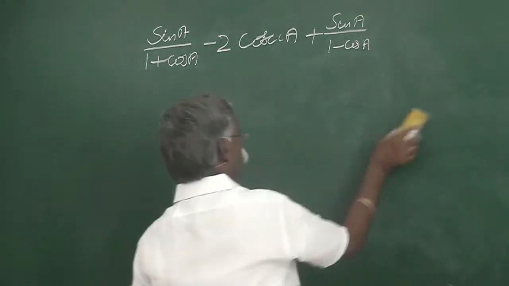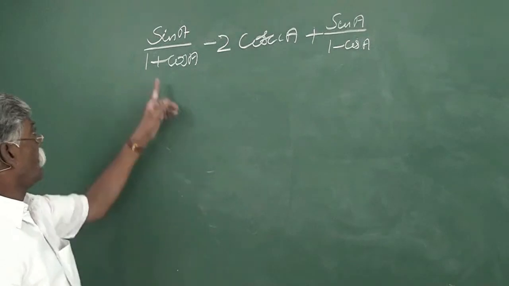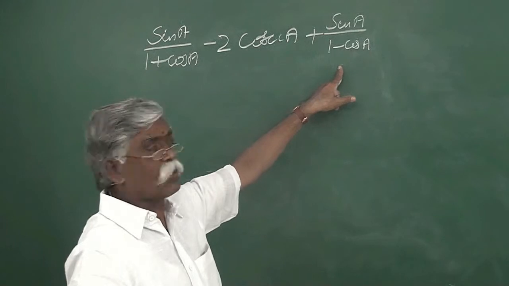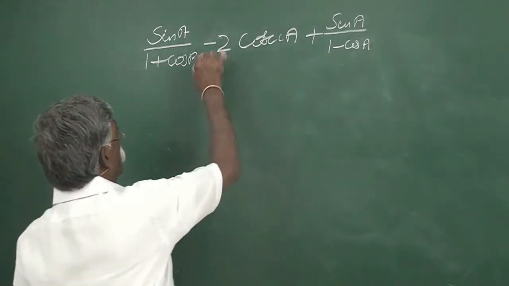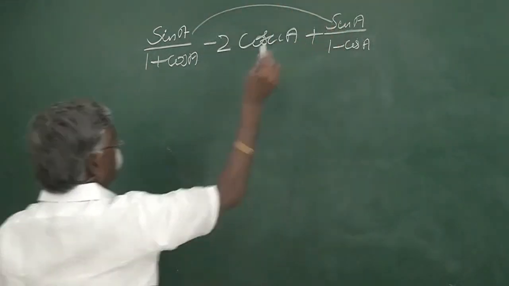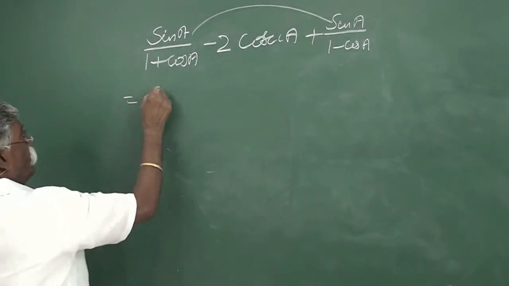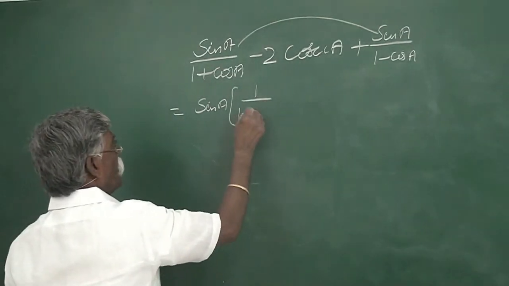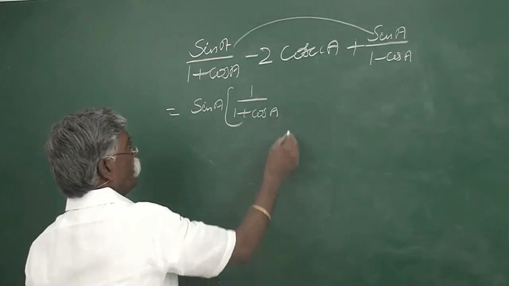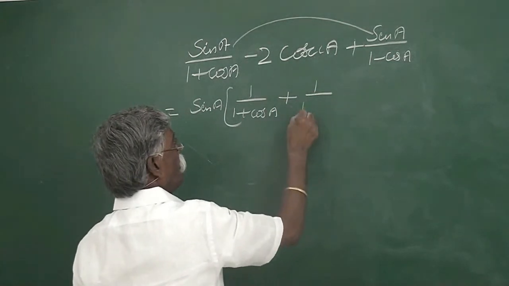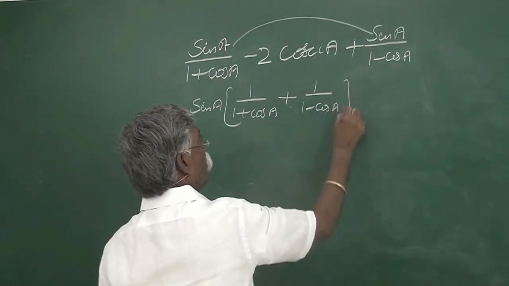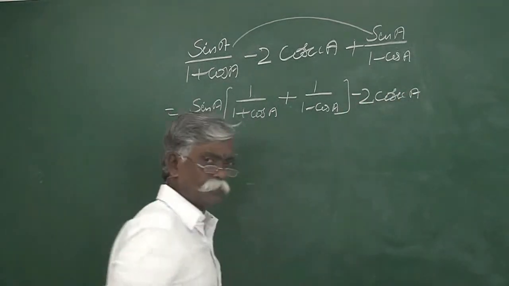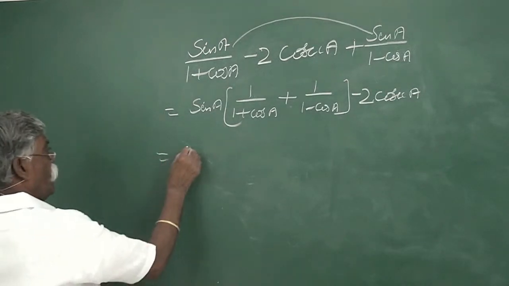So here, sin A by 1 plus cos A minus 2 cosecant A plus sin A by 1 minus cos A. We can take sin A common in these two. Therefore, after taking sin A as common, we are left with 1 by 1 plus cos A here plus 1 by 1 minus cos A here, and this is minus 2 cosecant A. And this is sin A.